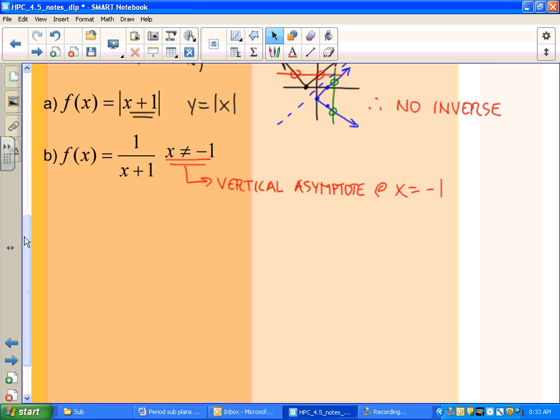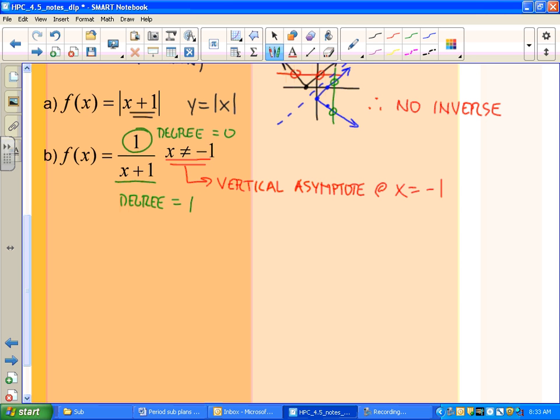Up here we have a constant, so it has a degree of 0. And then this is a linear function, so it has a degree of 1.